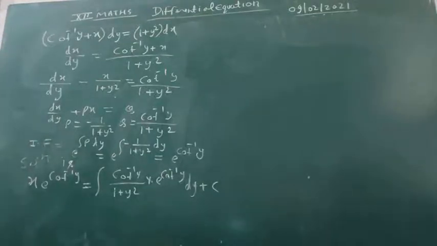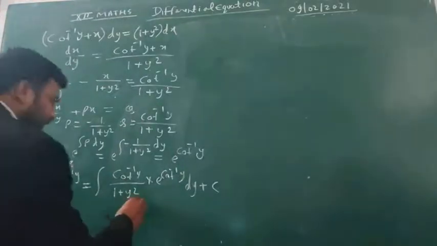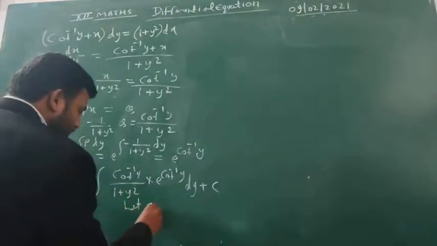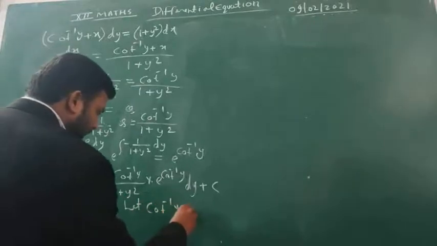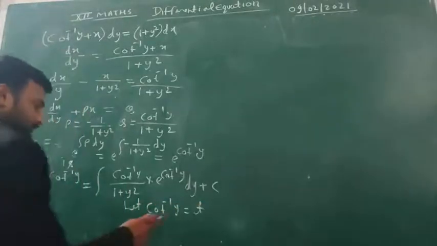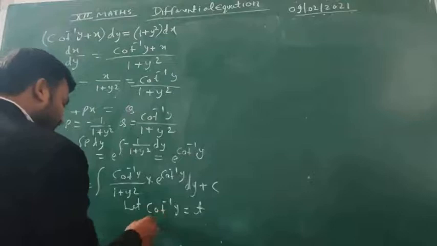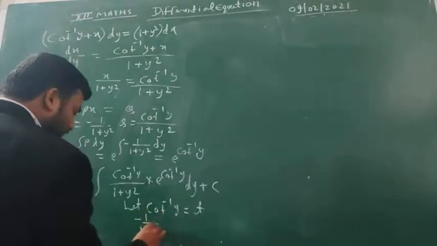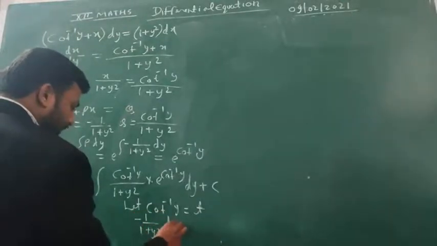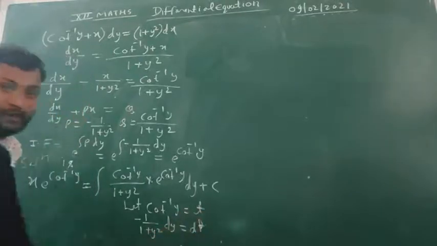So students, we let cot inverse y be t, and the differentiation of this is minus 1 by (1 plus y square) dy is equal to dt.